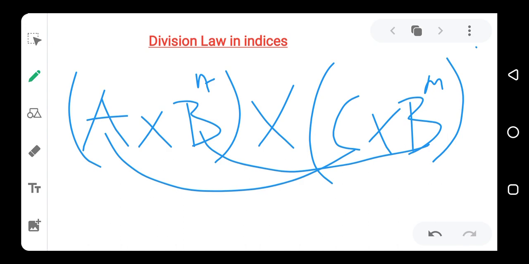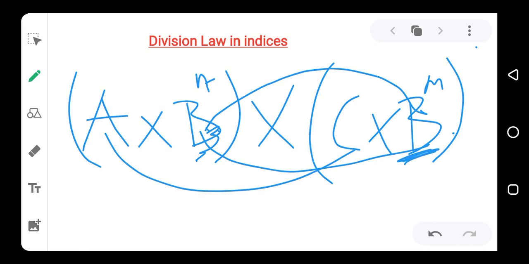Now we can only add together if what we have here is what we have here. That is b. If what we have here is not the same thing as this, we cannot add their powers together.